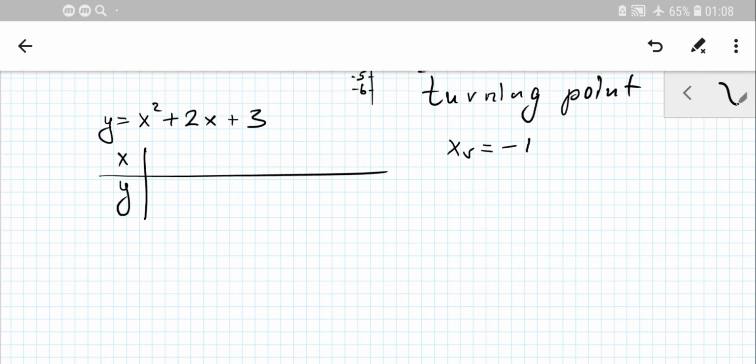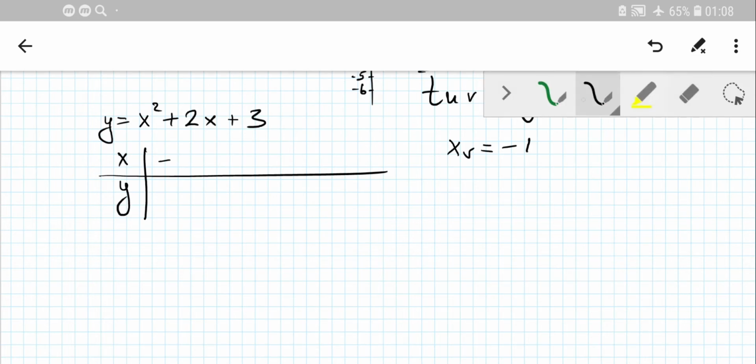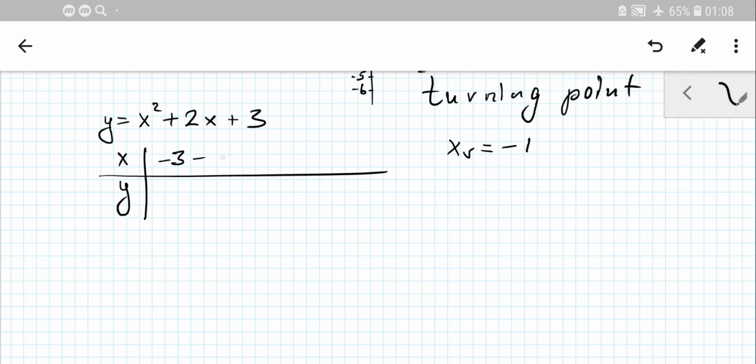But for those of you who don't know why, we simply start running our x-coordinates from, let's say, -2, -3 is better. Let's start from -3, then -2, and then -1, and 0, 1, 2, 3, somewhere around the vertex coordinates.